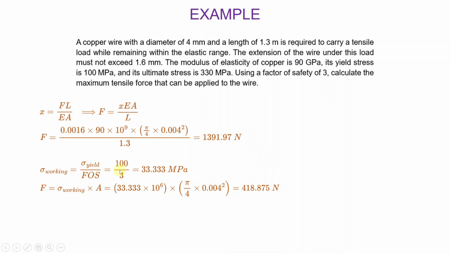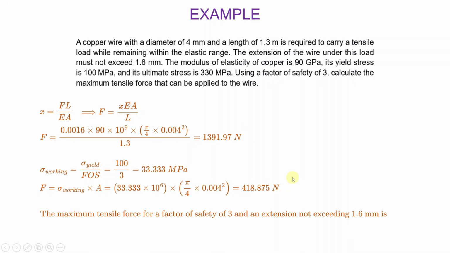And this here also gives us a factor of safety of 3. And so the force that will give us a factor of safety of 3 and an extension that is not exceeding 1.6 millimeters is that force there, 418.875 newtons. I hope that is clear.